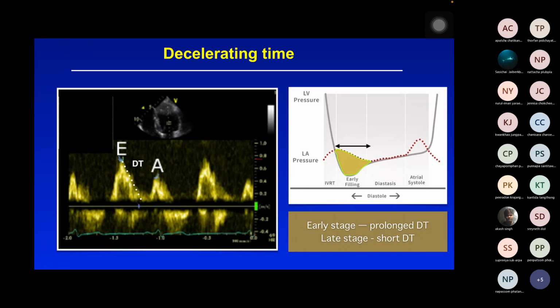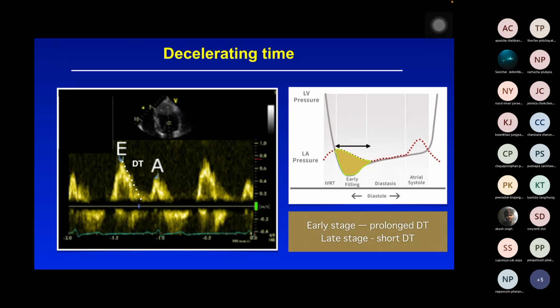What is the decelerating time? Decelerating time is the time from the peak of your E wave to the end of the E wave. Normally, in the early stage of diastolic dysfunction, this time is a little bit prolonged, but in the late stage, this time might be shortened because in the late stage of diastolic dysfunction, the LV pressure is very high.